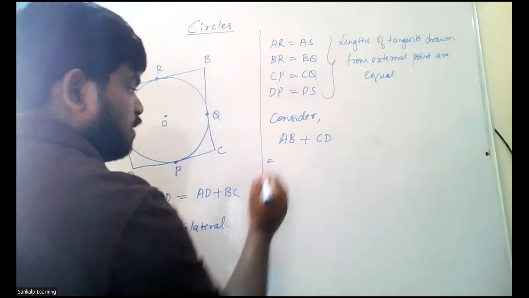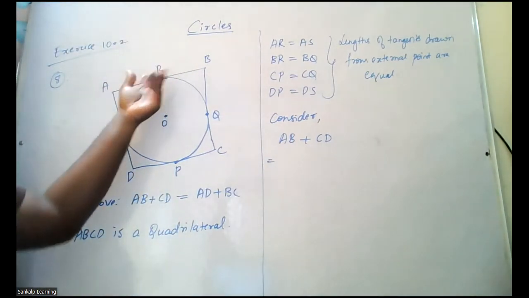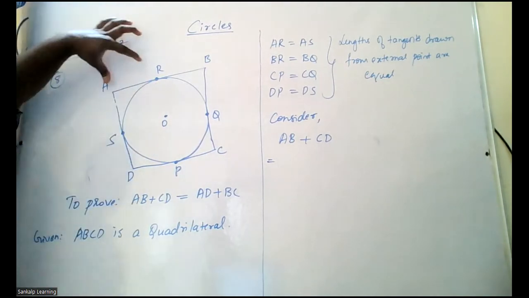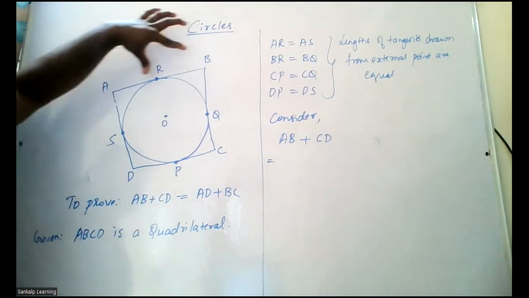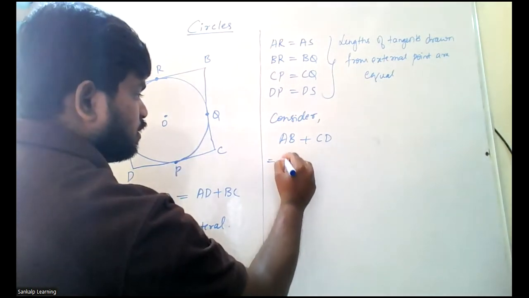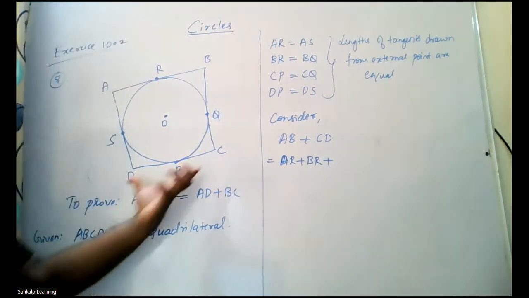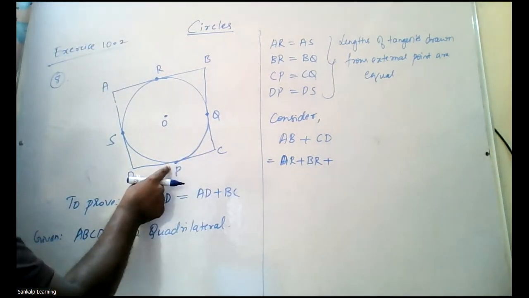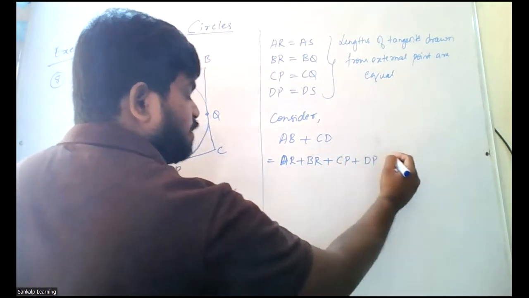That is equal to, very clearly from the figure, I can write AB as AR plus BR. Similarly, CD can be written as CP plus DP from the figure.